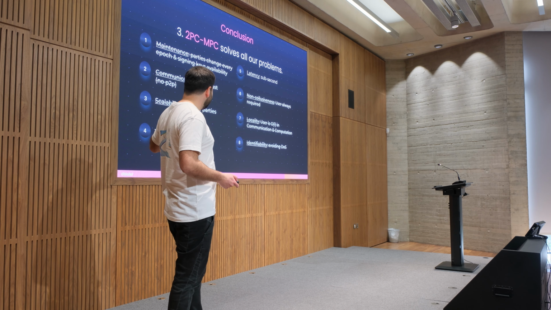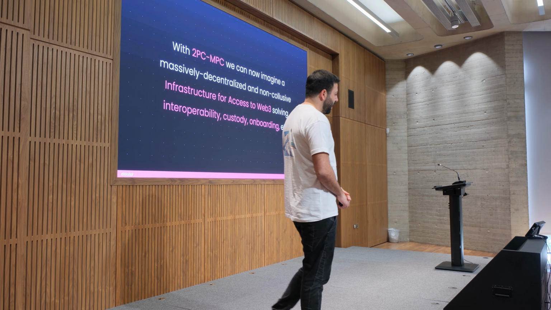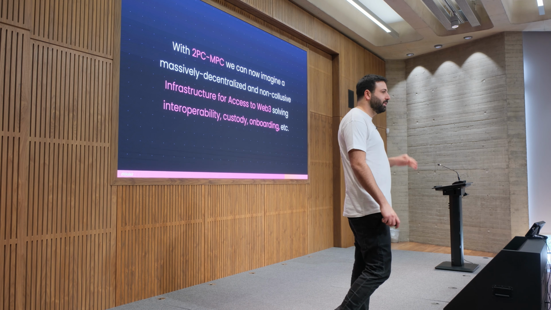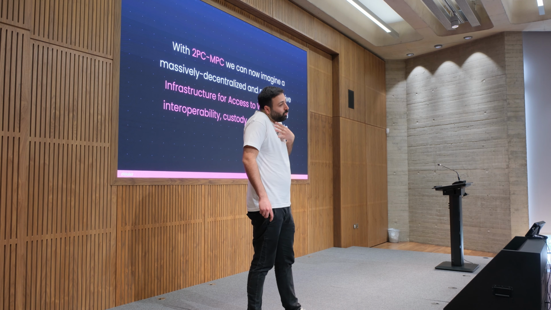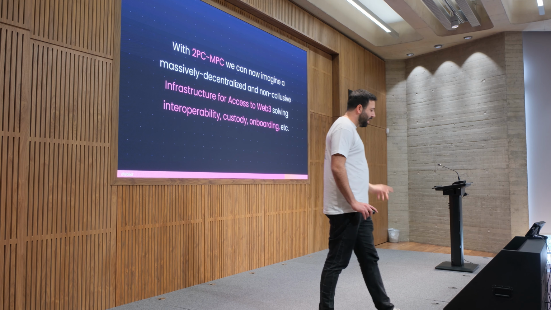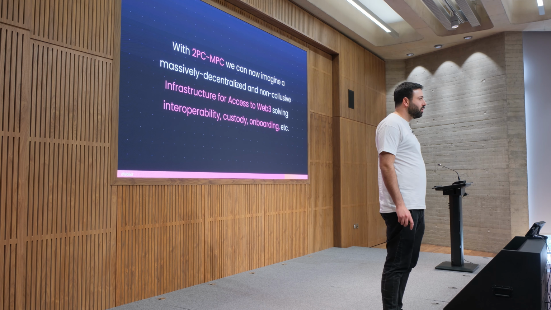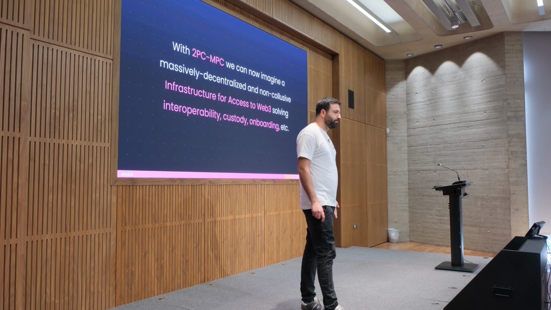But the idea is that using all of this, we can actually imagine a massively decentralized network that offers non-collusive signing mechanisms. And this is going to be the dWallet network. We want it to be the infrastructure for access to all of Web3. You can use it for various interoperability, custody, and onboarding solutions.